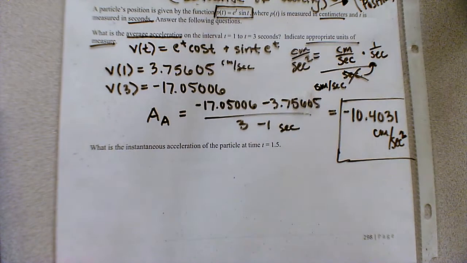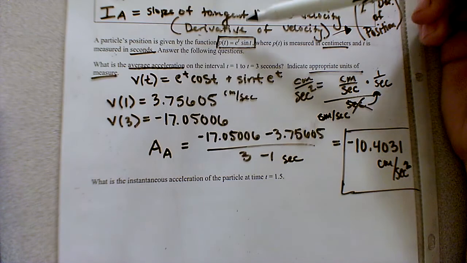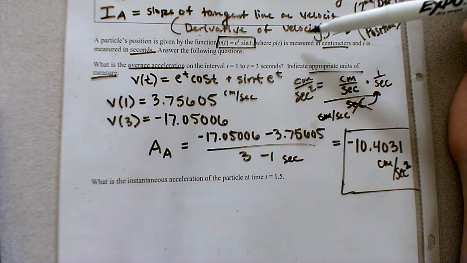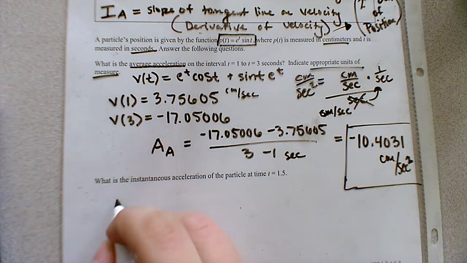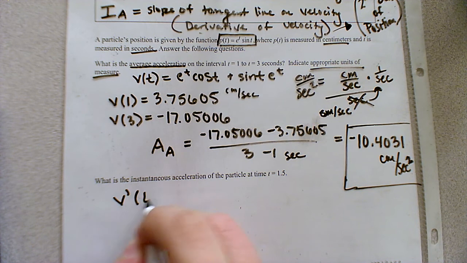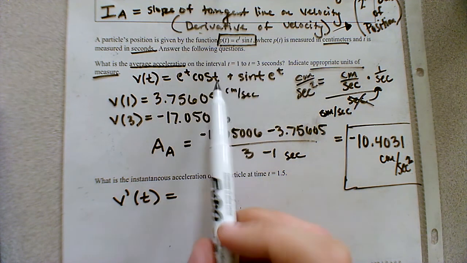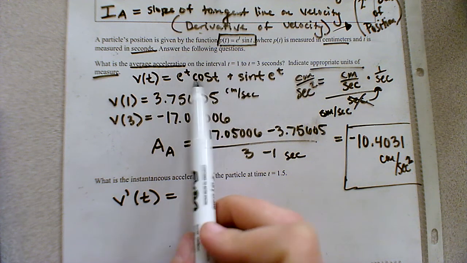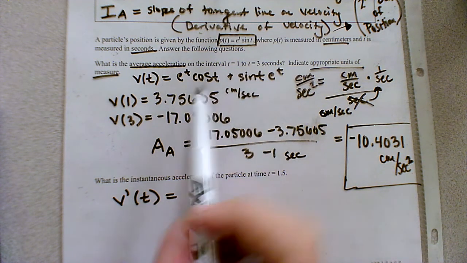All right, so moving on to instantaneous acceleration. This is the derivative of velocity, aka the second derivative of position. So if we were to take the derivative of our velocity equation, which we have up here, now we have 2 terms here, and both of them are being multiplied separately, so it seems like we're going to have to do the product rule twice.